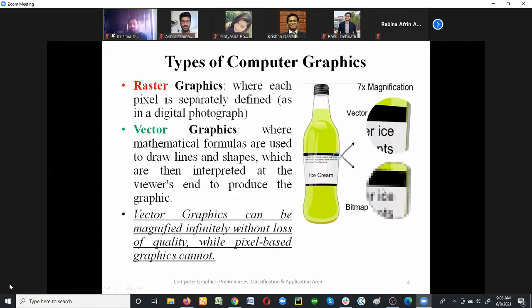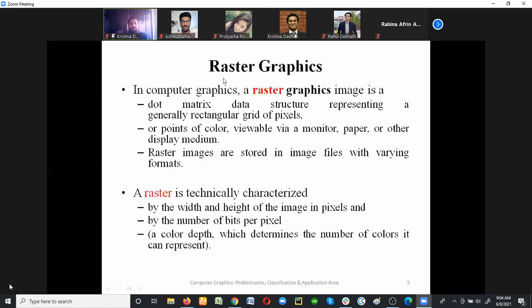Raster graphics define the pixels, so you can go for a huge number of pixels for an image and define all of those positions according to different colors, so that you can create a very real life image. From that application perspective, raster graphics have taken over all the digital display and images. So computer graphics we mostly understand based on raster graphics, but there is another type which we call vector graphics.